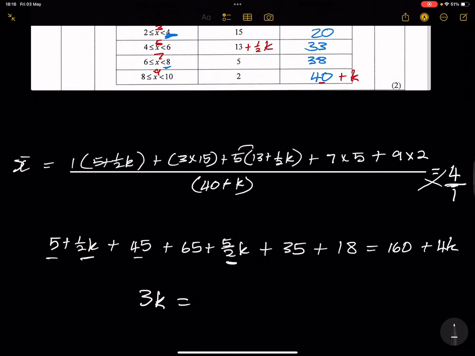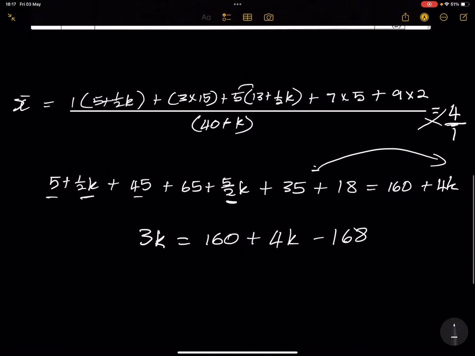So I'm going to take that value; this is equal to 160 plus 4k, minus 168. The 168, I just took the sum of those values to the other side.